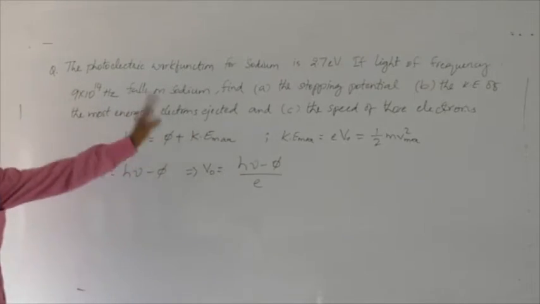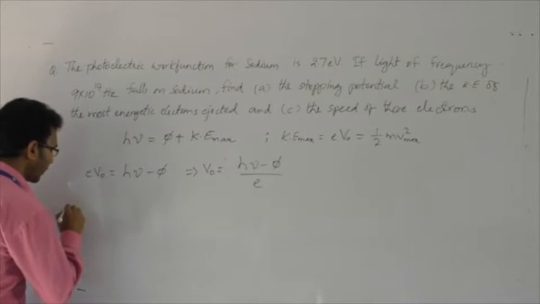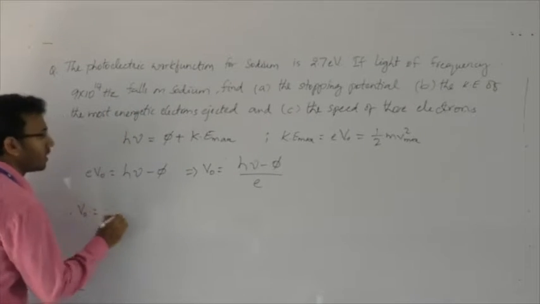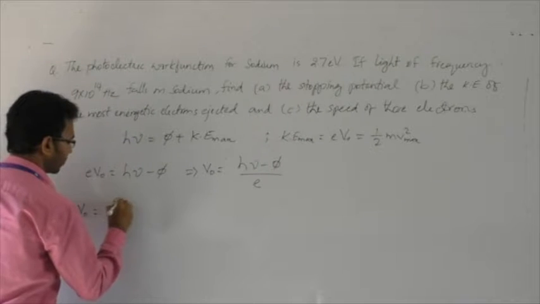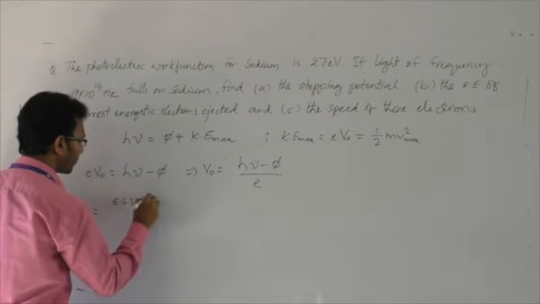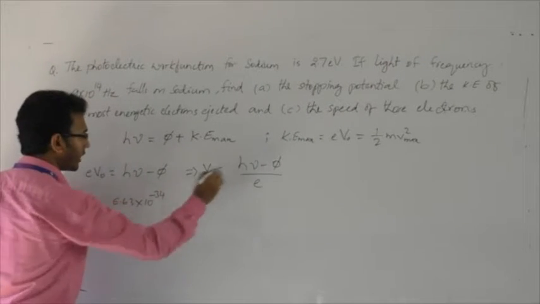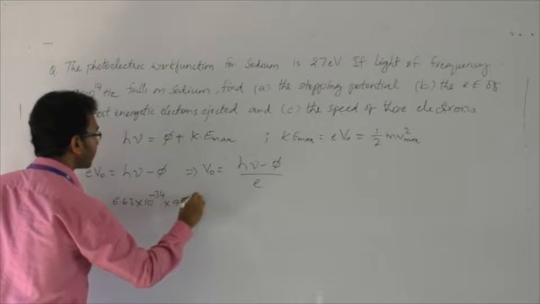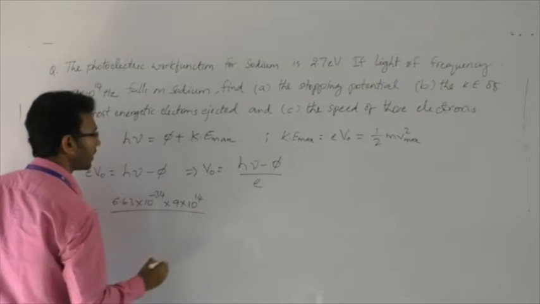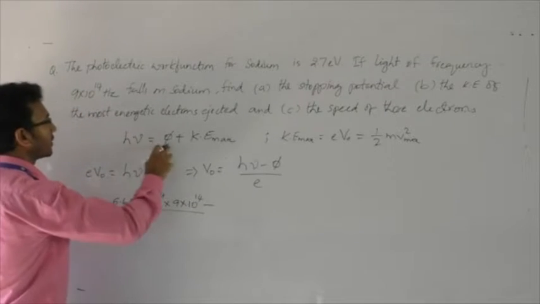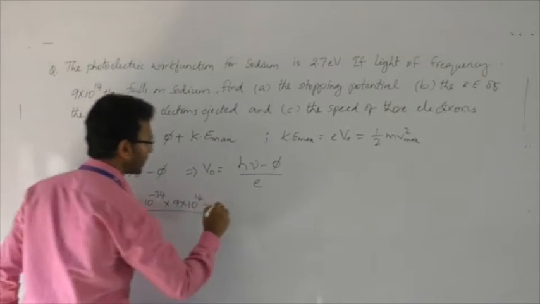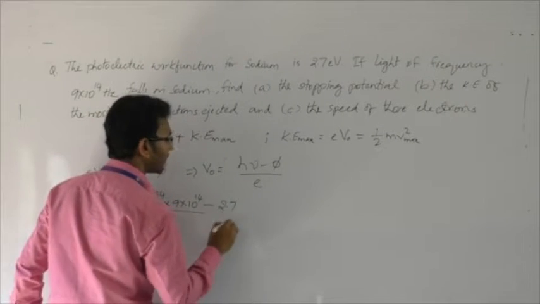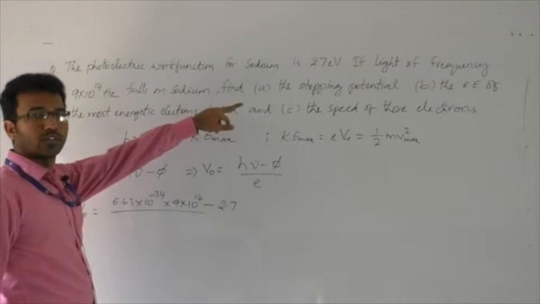Now just put the values. Therefore V naught, the value of h is 6.63 into 10 power minus 34 into frequency 9 into 10 power 14, divided by, minus, what is phi? 2.7. It is given in electron volts.